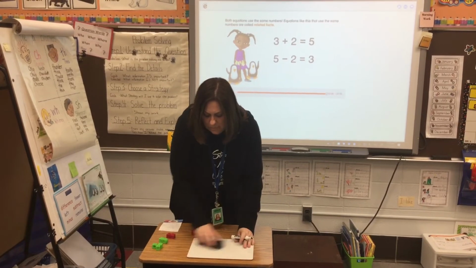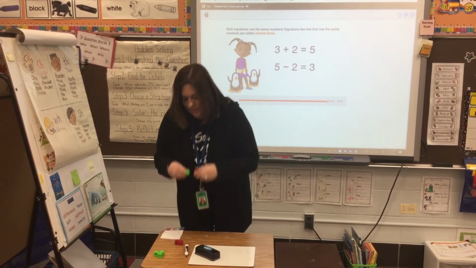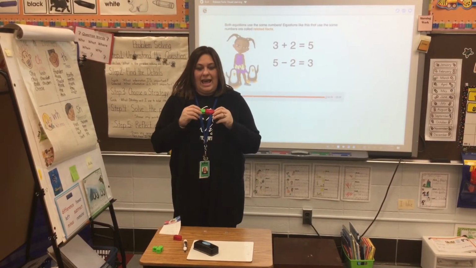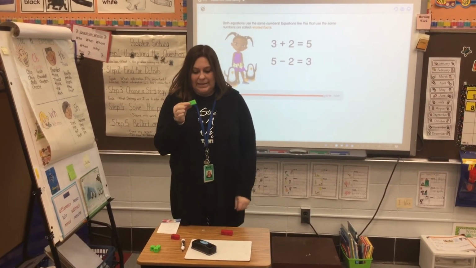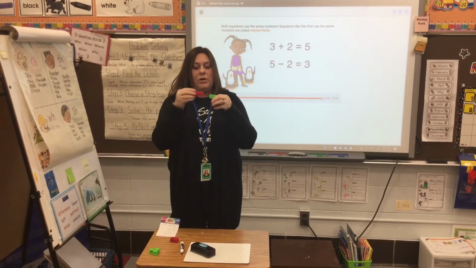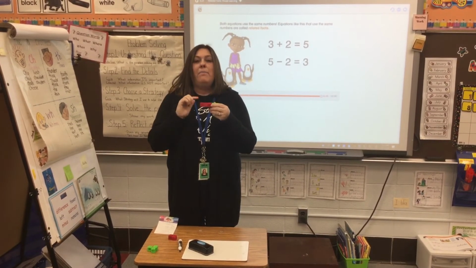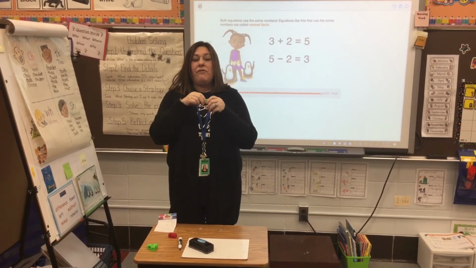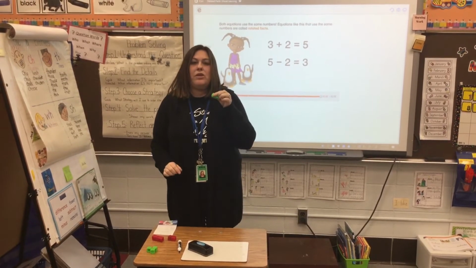Let's try one more together. If Miss Arbuckle had 2 penguins and 3 more came to play, I'm going to join them together and add. But if I have 5 penguins and let's say 3 swim away, I'm left with 2.